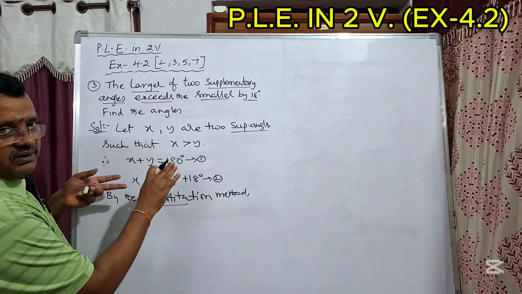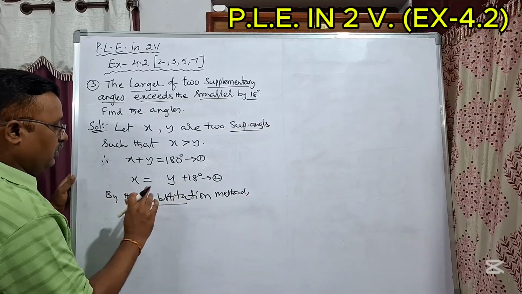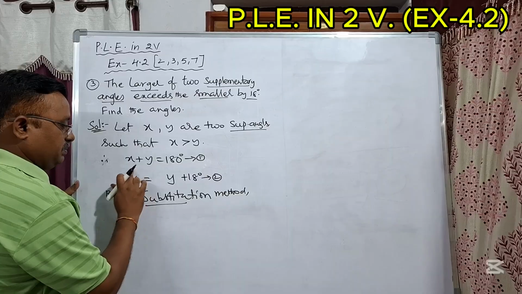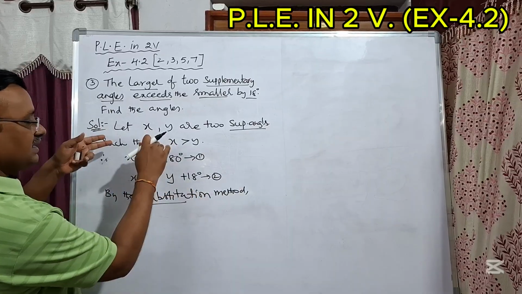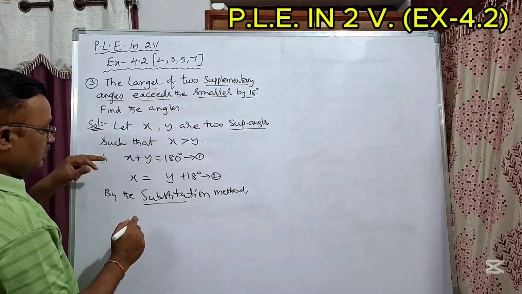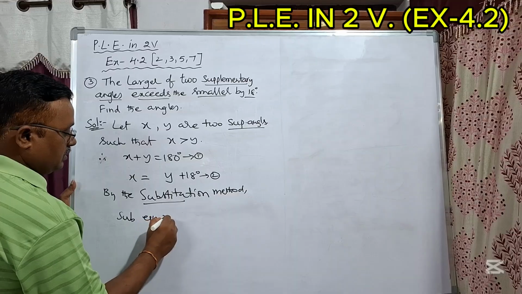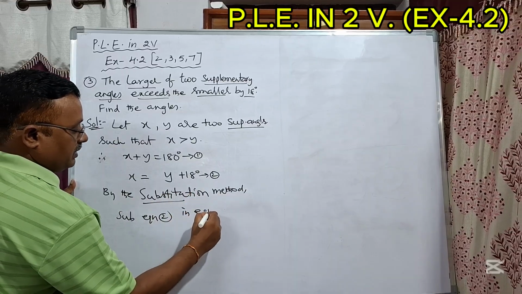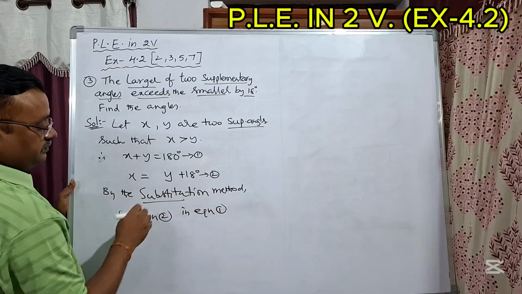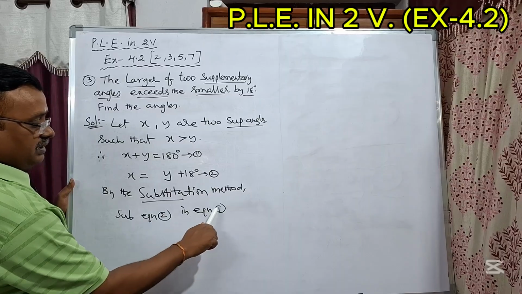It may be the previous equation or the succeeding equation. So substitute this x, which is expressed in terms of y, in the other equation. So substitute equation 2 in equation 1.